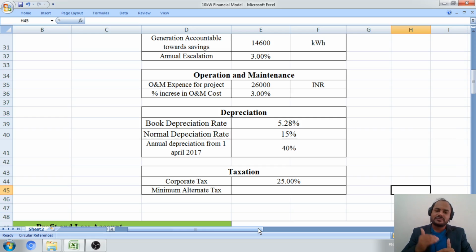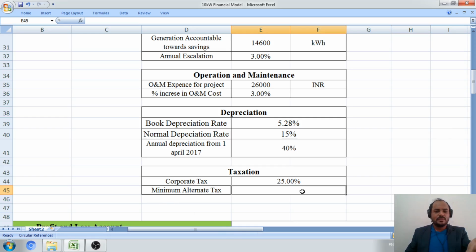Minimum alternate tax is applicable on the profit before tax. Before paying taxes, whatever profit is earned through the solar power plant, according to that, the company has to pay the minimum alternate tax. Whichever tax is higher, either the corporate tax or the minimum alternate tax, that tax we have to pay to the central government.